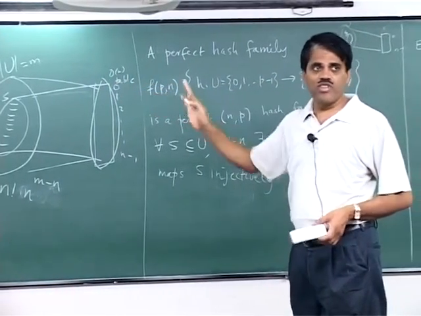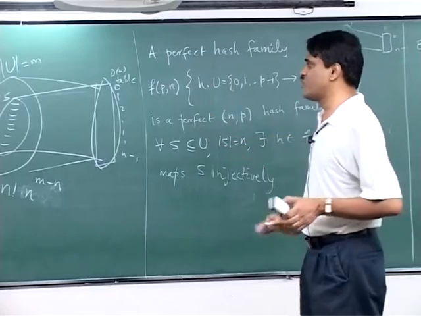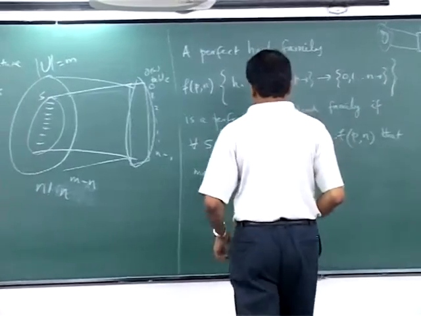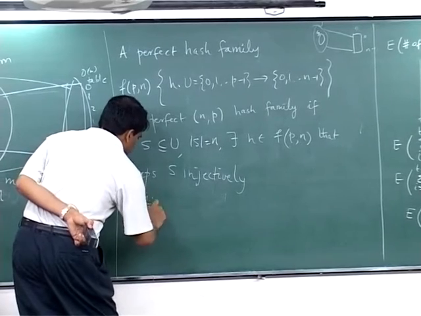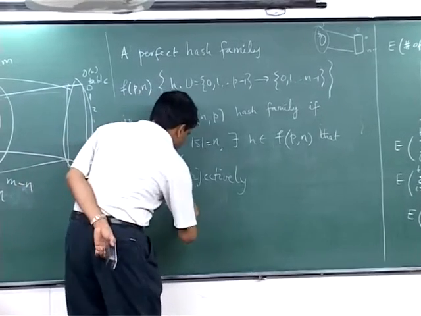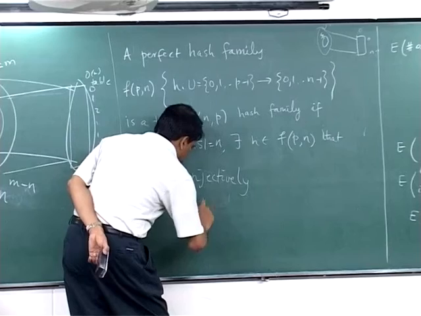If we convert this whole thing, it requires a lot more work, so that's not the end of it. The claim is that there exists a perfect hash family.